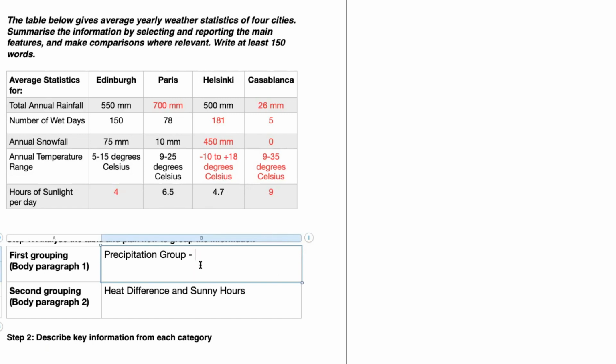I am going to talk about Paris and the high rainfall at 700 millimeters. I am going to talk about Helsinki when it comes to the snowfall at 450 millimeters, because interestingly, that is 4 times as much snow than any other city. So I'm definitely going to include that.